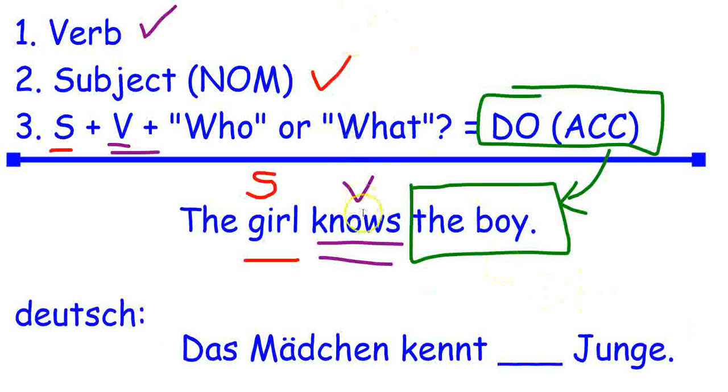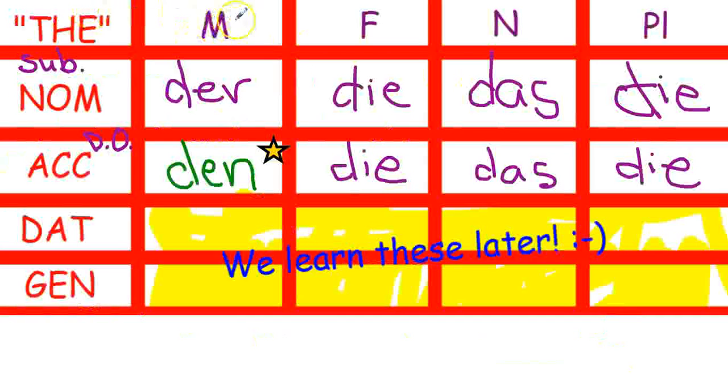In German, boy is masculine. And we already know that this is masculine accusative case. So we can look at our chart and we can say masculine accusative case.